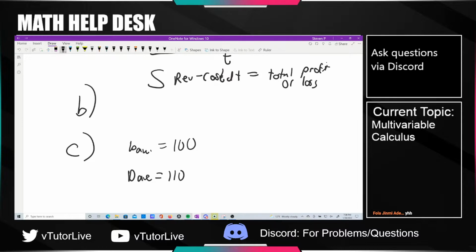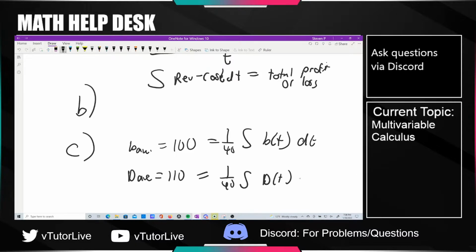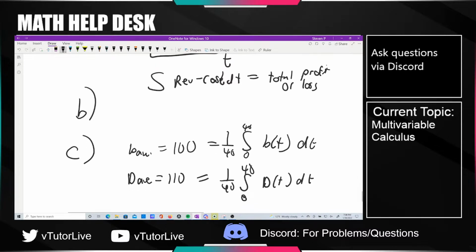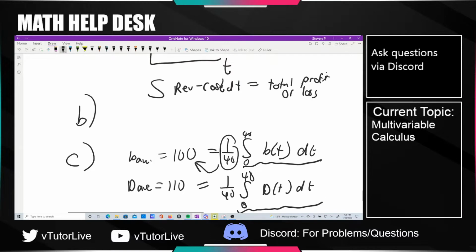Well, remember that this integral is basically equal to b of t times 1 over 40, and this one is just equal to 1 over 40 times d of t, from time 0 to 40. And the idea is, if you know the average, then you can just multiply the 40 to the other side to solve for the integral of b of t. And similarly, you can solve for the integral of d of t.